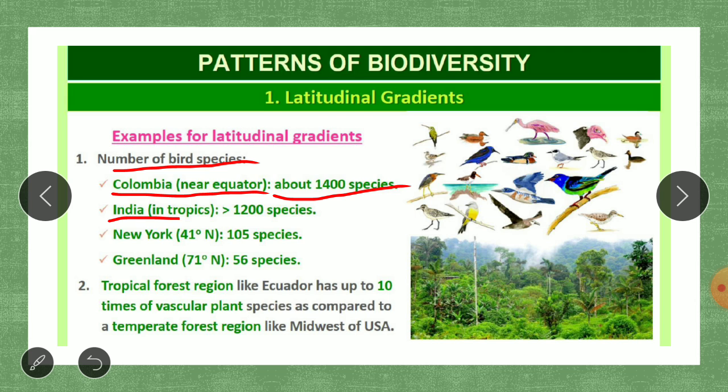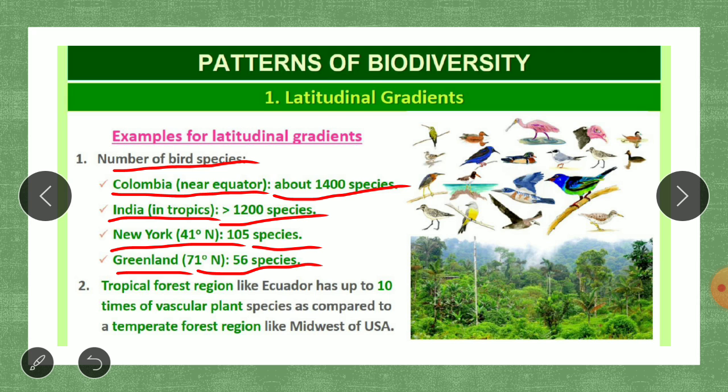Whereas India, lying in the tropics, has more than 1200 species of birds. But in contrast, New York, which is at a higher zone, at 41 degrees north, has only 105 species. Whereas Greenland, still further at 71 degrees north, has only 56 species of birds.